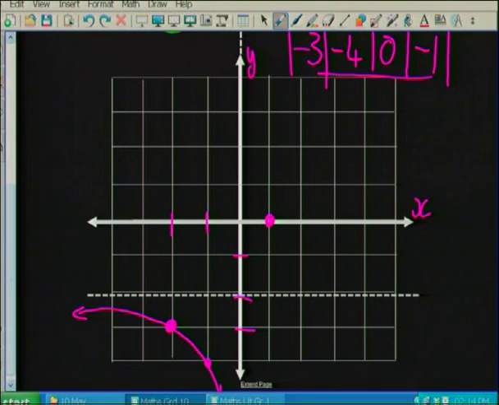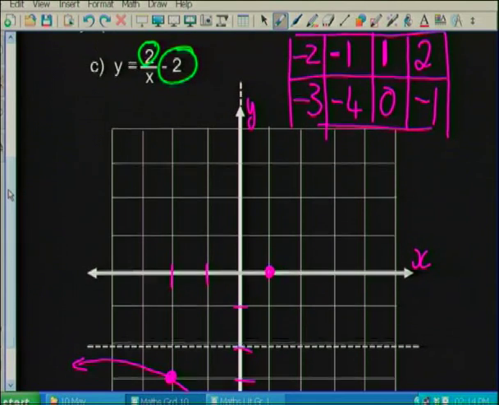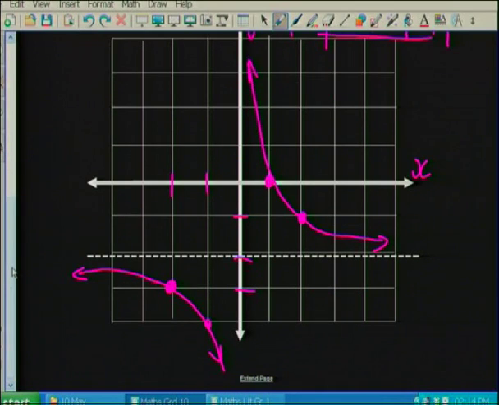I'm going a little bit off my page, but that's okay. Right. Then in my first quadrant, let's have a look. If x is 1, y is 0, I've already got that point. If x is 2, y is minus 1. Let's do that one. And there we go. There is our hyperbola.